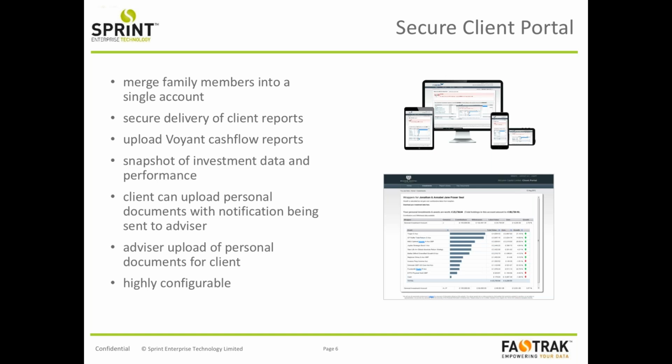They might be linked on platform or in the back office, but you can't get that single view. So when Mr. logs in, he gets to see his and joint. When Mrs. logs in, she sees hers and joint, but they don't get to see that consolidated family view. Well, now they can using the Fastrak Secure Client Portal.